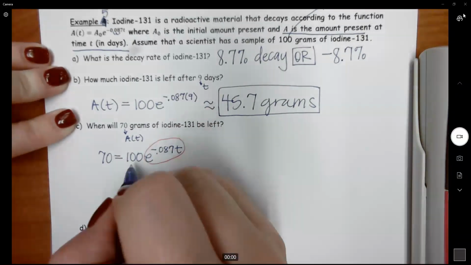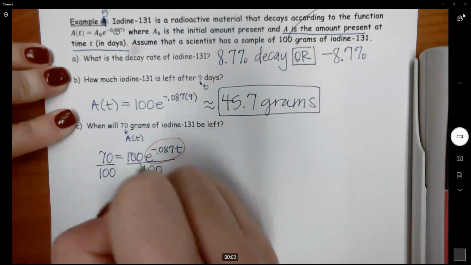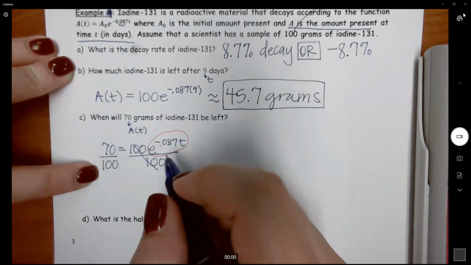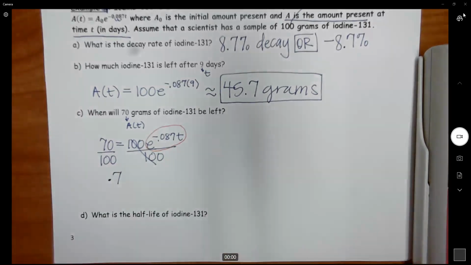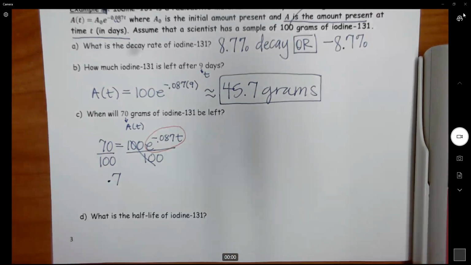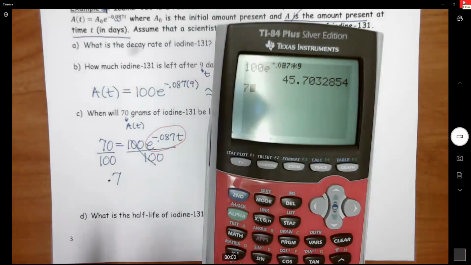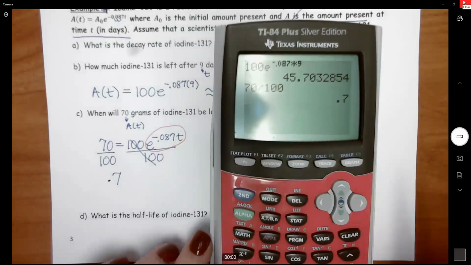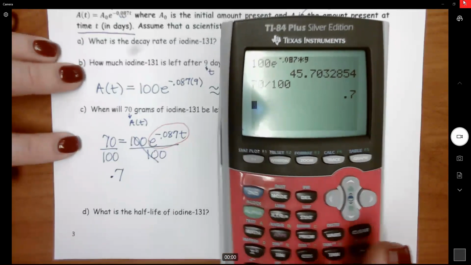And we will do that by dividing over 100. 70 divided by 100 is 0.7. So I will use the decimal because it stops when you divide. If you do 70 divided by 100, it's a nice 0.7, it ends. If it repeats, you can't use the decimal, you've got to convert it to a fraction.